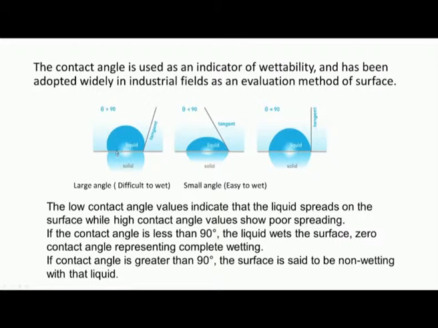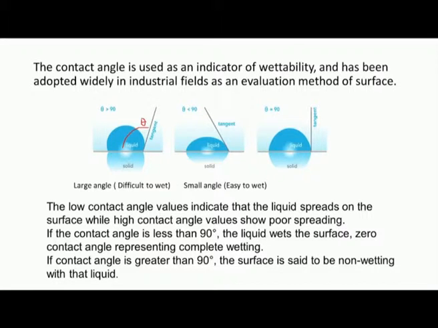You can see here, in this case this is the tangent, and angle theta is greater than 90 degrees. If there is a large angle, then it is difficult to wet, that means the wettability is very poor. If the angle is less than 90 degrees, it indicates that wettability is very easy.